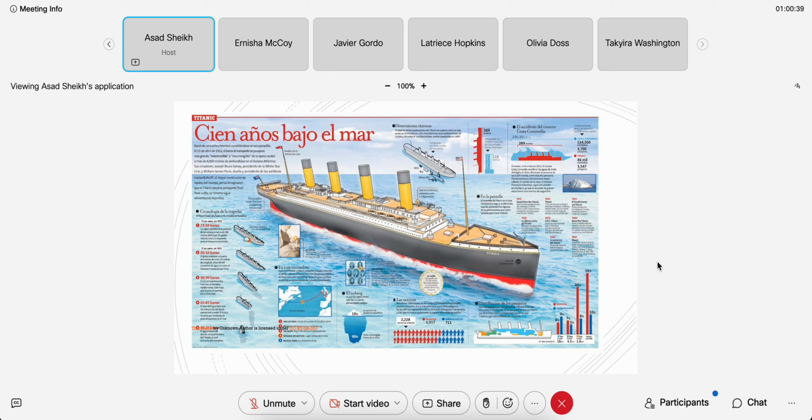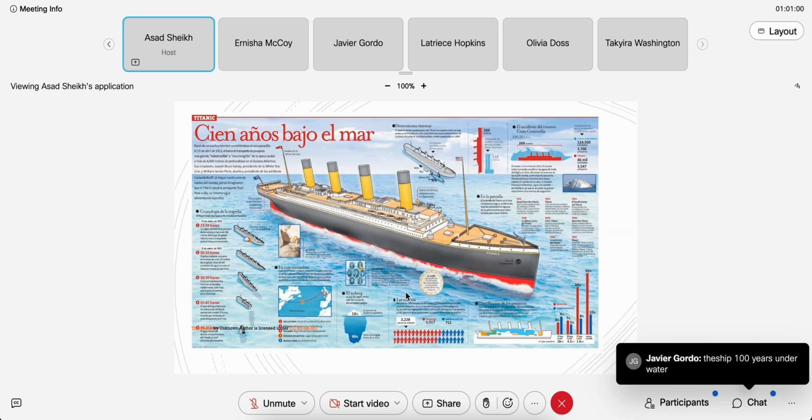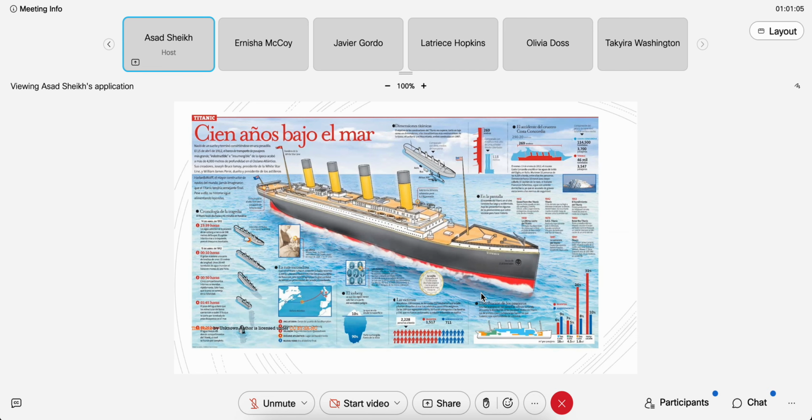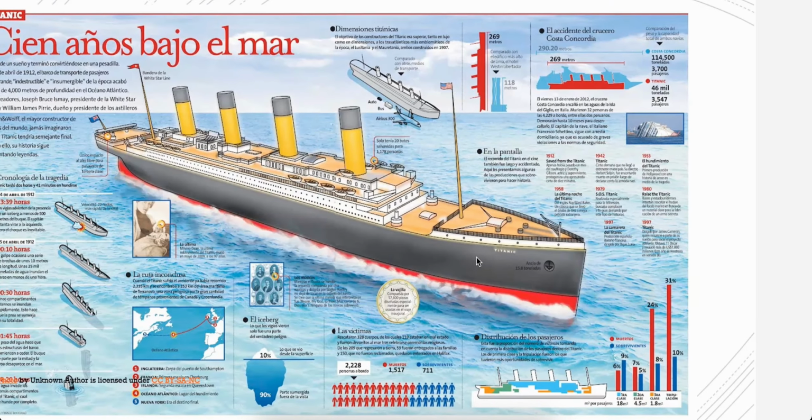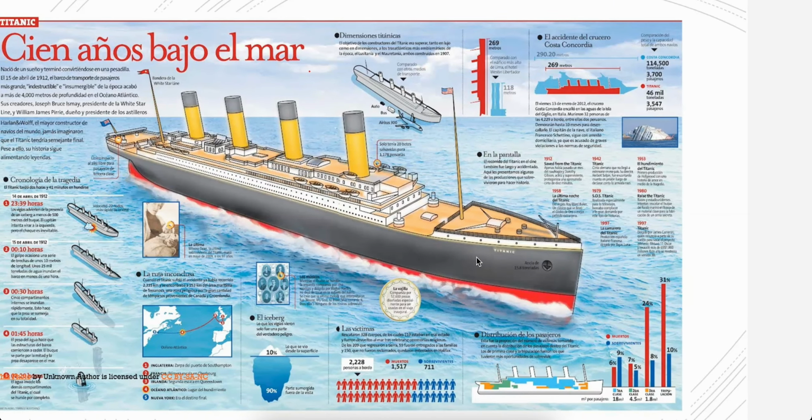But it was a ship that traveled from England to a port in America. On the right-hand side, 1912, saved from Titanic, 100 years underwater. So you can just imagine, 1912 and 1923, that's almost 100 years, right?